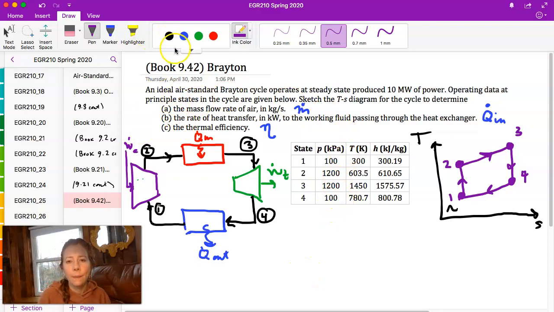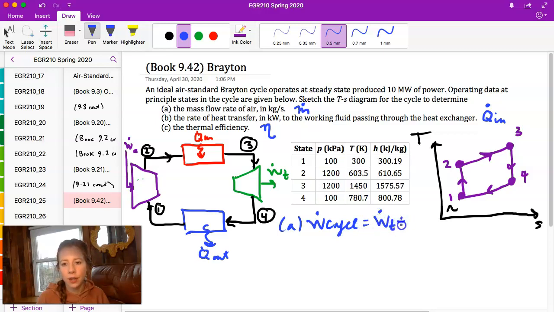All right, so we're given our information. You don't have really anything to look up here, so that makes this nice and simple. So for part A, W dot cycle is going to equal W dot for the turbine plus W dot for the compressor.